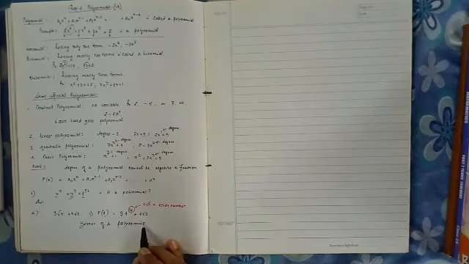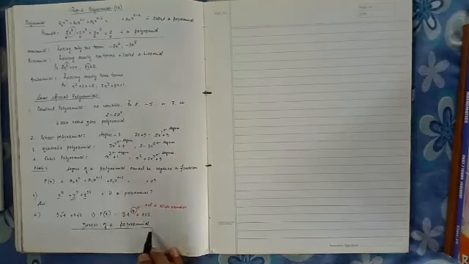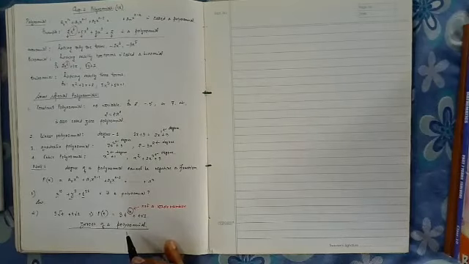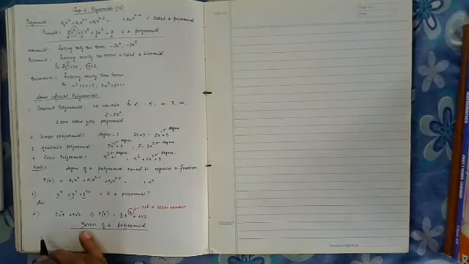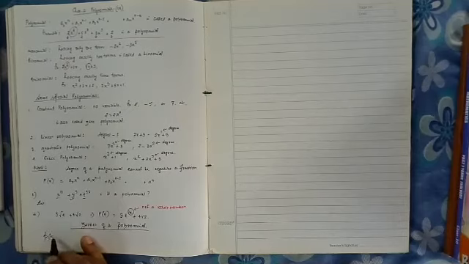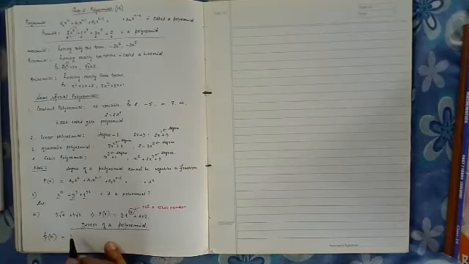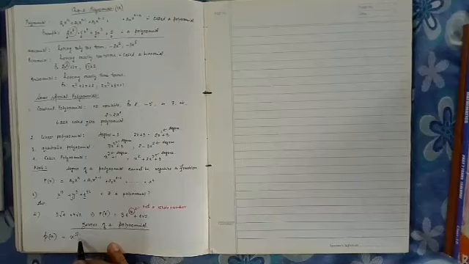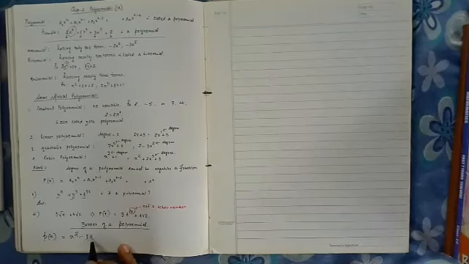Zeros of a polynomial means, suppose we are writing p of x is equal to x square minus 3x plus 2.